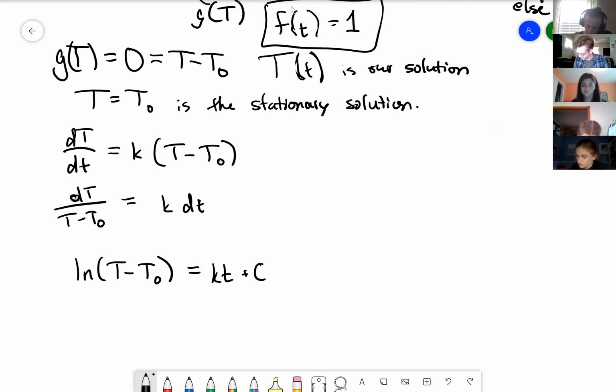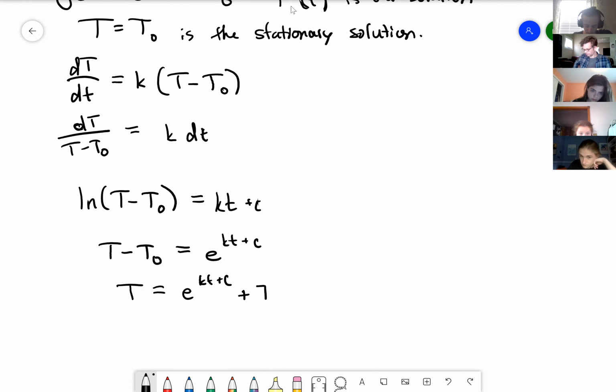Exponentiate both sides. We get T minus T0 is equal to e to the kt plus c. And so T is equal to e to the kt plus c, plus T0.